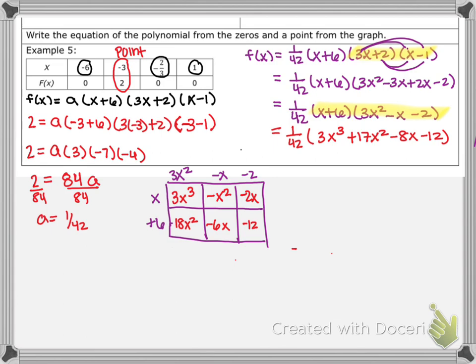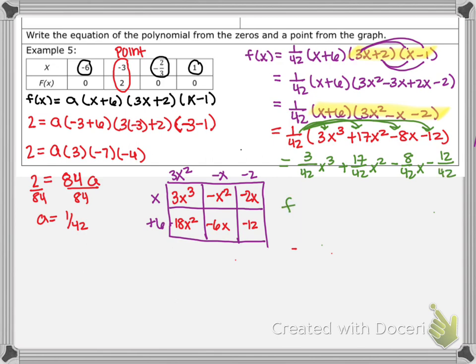Now I'm going to distribute this 1 over 42 to each term inside the back parentheses. So I get 3 over 42x cubed plus 17 over 42x squared minus 8 over 42x minus 12 over 42.